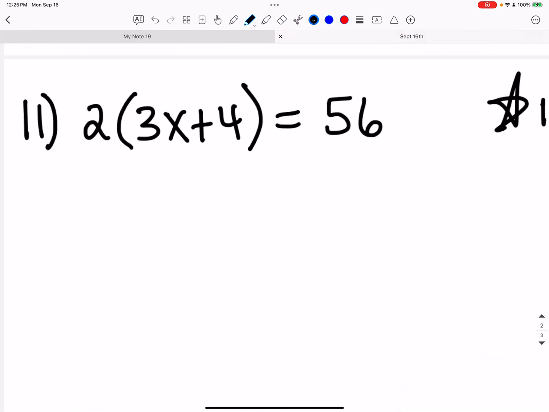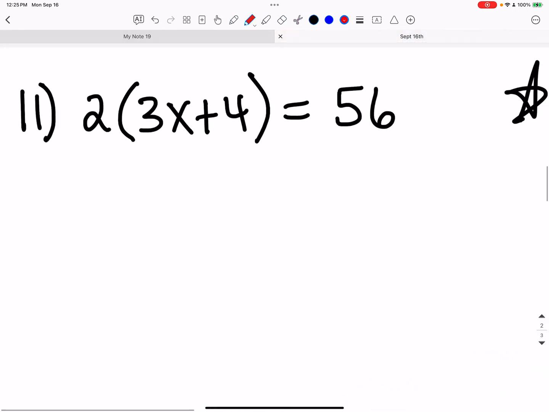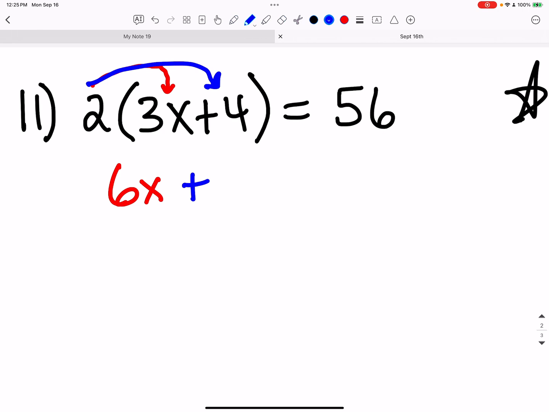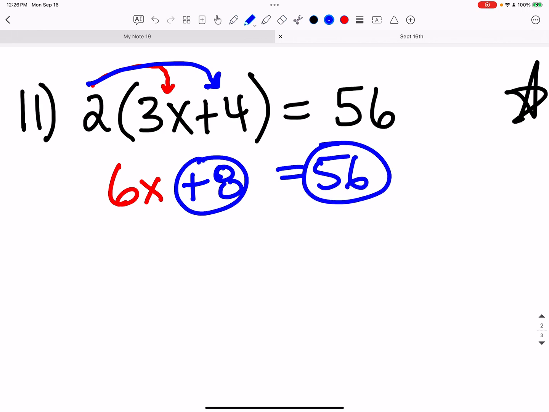All right, couple more. Starbucks. 2 times 3 x's means I have 6 x's. 2 times 4 is plus 8 equals 56. Baby's laundry, my laundry. There's only baby's laundry in this room, so that must be the baby's room.